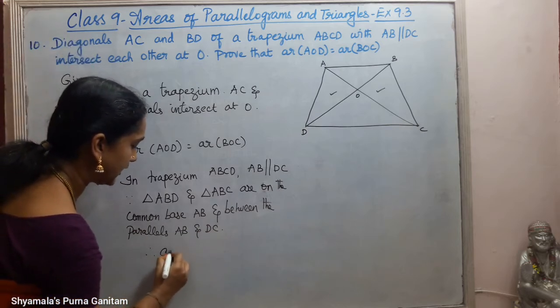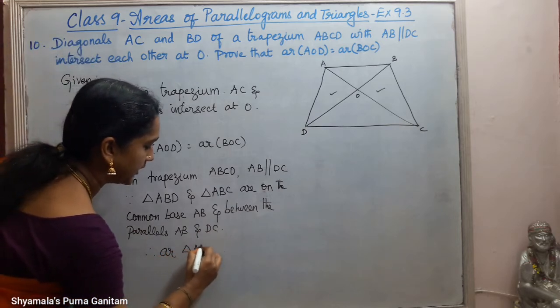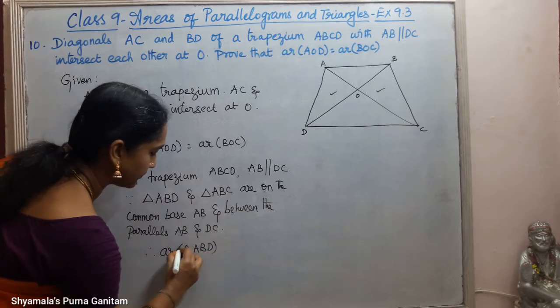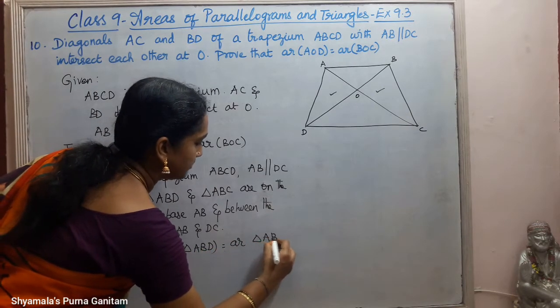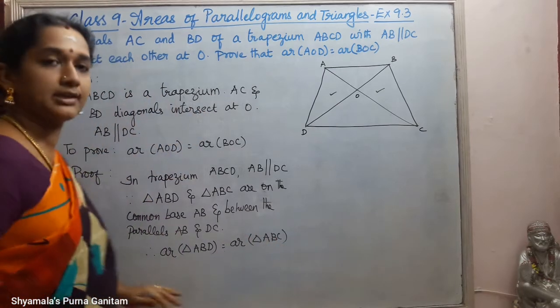Therefore, area of triangle ABD is equal to area of triangle ABC. So these two areas are equal.